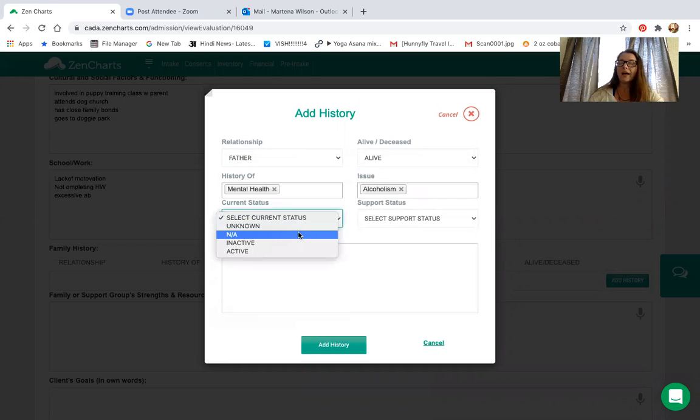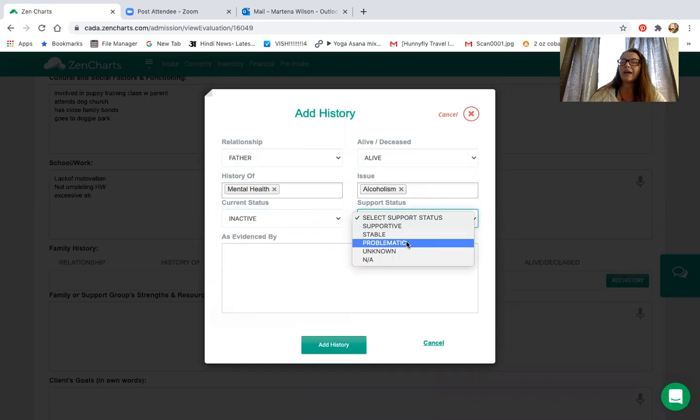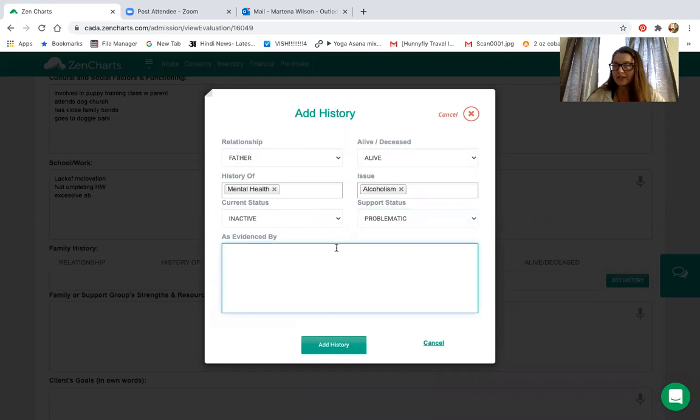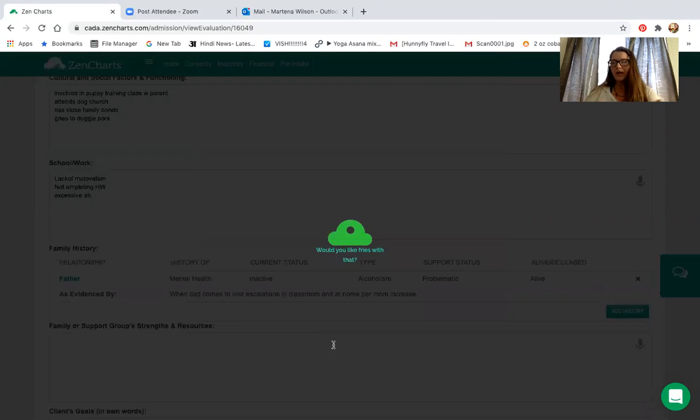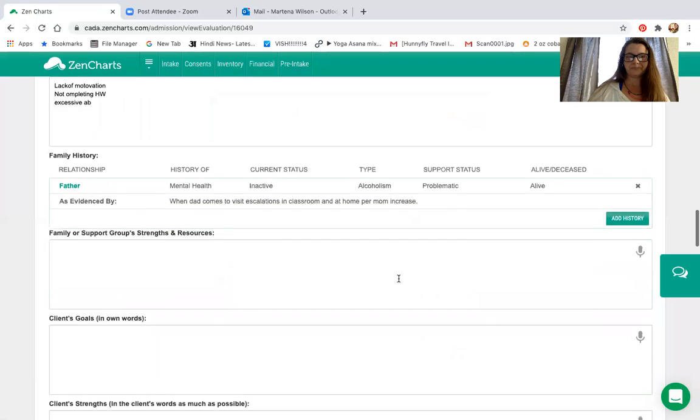You may know that he is inactive in the child's life and problematic, as evidenced by when dad comes home to visit, escalations in classroom and at home per mom increase, right? There you go, perfect. You could add a lot more, but that's helpful information for you.